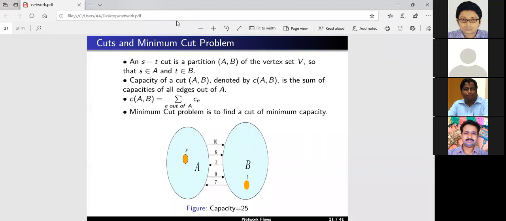It is the total that is going out of A minus the total that is coming in. So the total flow is equal to the value going out of A minus the value coming into A. Again, this requires a proof, and there is a simple proof for this. Let's not prove it, but intuitively it's easy to accept.